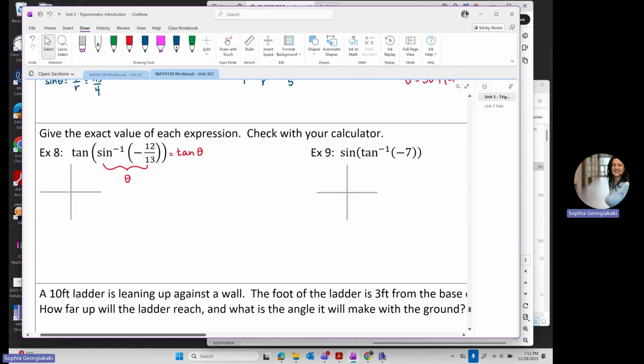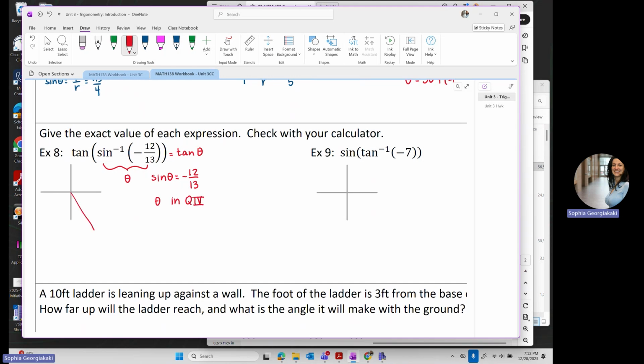What do you know about theta? You know that the sine of theta is equal to negative 12 over 13, and theta is an angle that is an answer from the inverse sine function, which returns only in quadrants 1 or quadrant 4. Since the sine is negative, this is in quadrant 4.